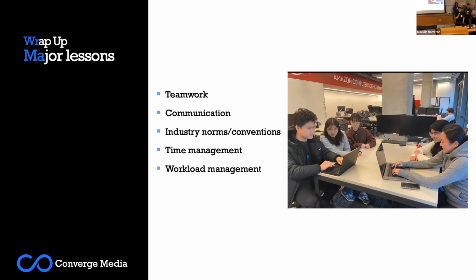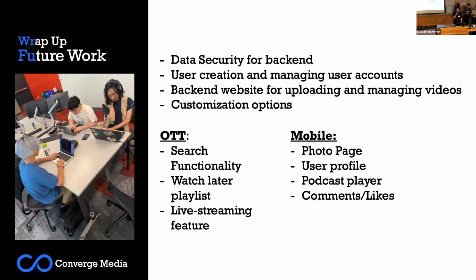The last thing we want to talk about is the work for the future team, which is to finish the tasks from our backlog. The first thing is to secure the database to support the user creation features and storing the user information.